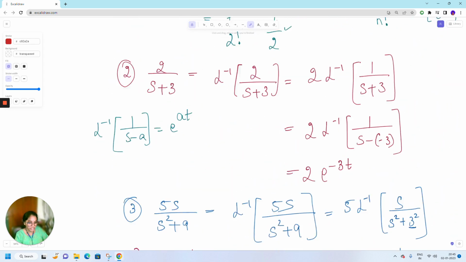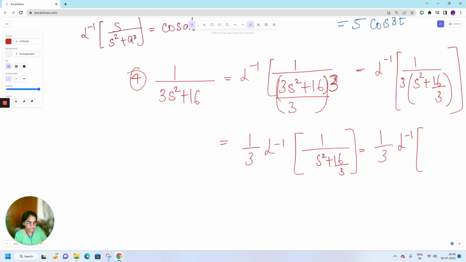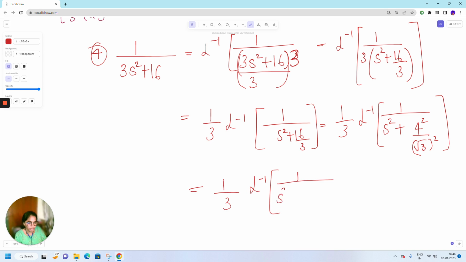So whatever term I have, I'll write it as square of something. 16 I can write as 4 square, and 3 I'll write as root 3 the whole square, because it is not a perfect square. So this would be 1 divided by 3 Laplace inverse of 1 divided by s square plus 4 divided by root 3 the whole square.